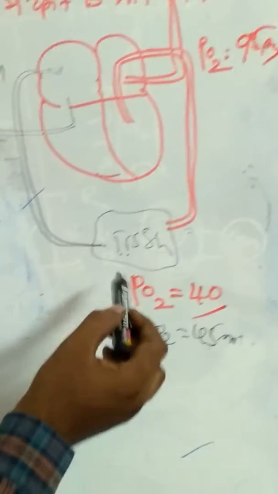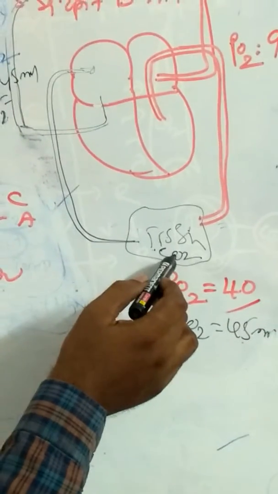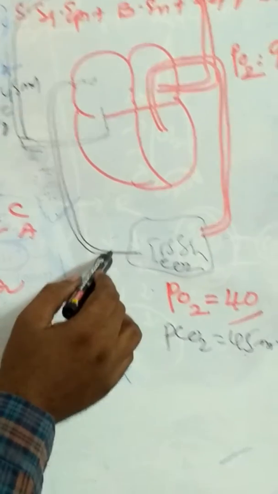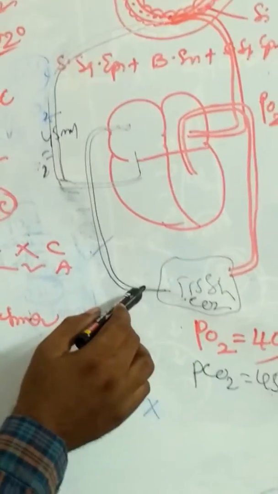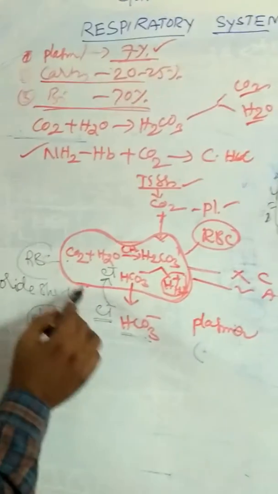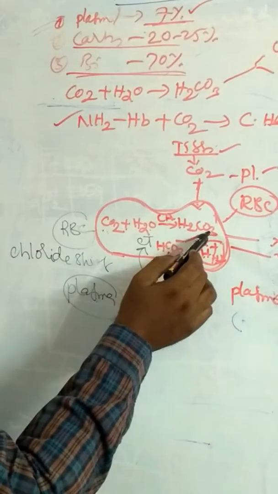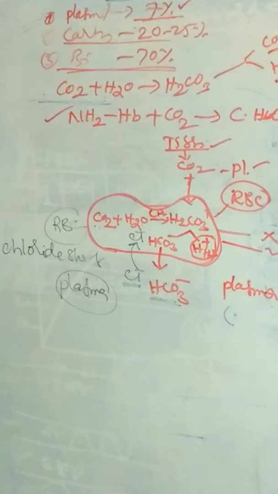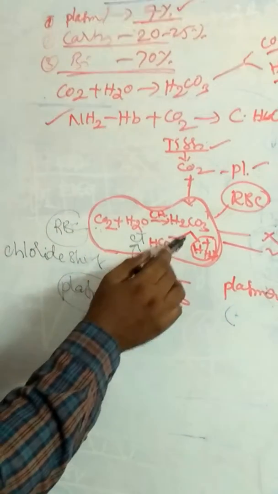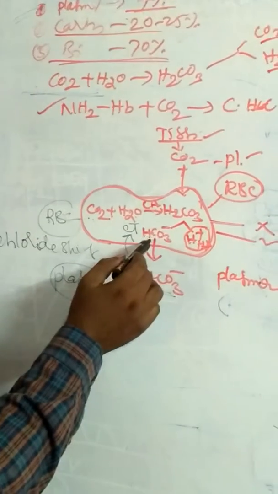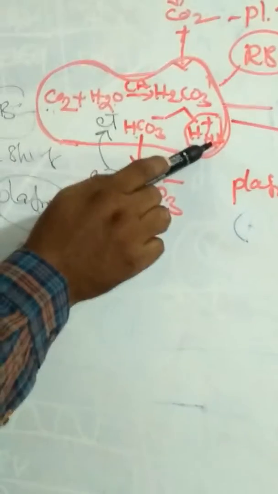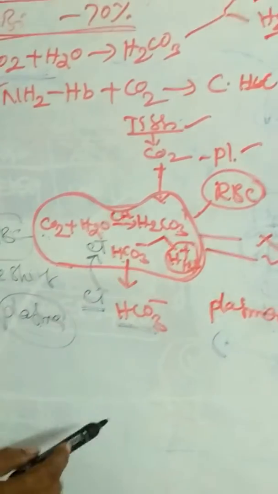Here, this is the tissue. From the tissue, CO2 enters into the plasma, and from plasma to RBC. In the RBC, carbon dioxide combines with water and forms H2CO3. It is a fast reaction due to the presence of carbonic anhydrase. It immediately dissociates into H plus and HCO3 minus, the bicarbonate ion. H plus ion combines with the hemoglobin of the RBC and forms HHb.